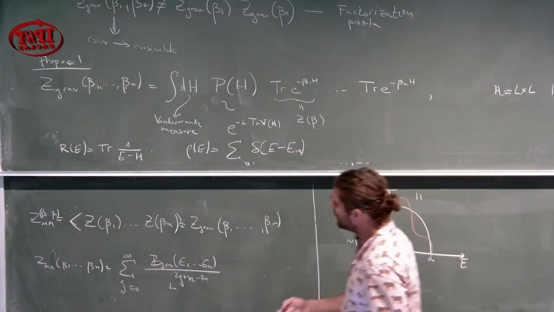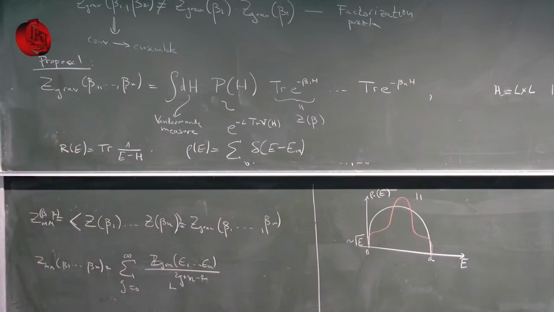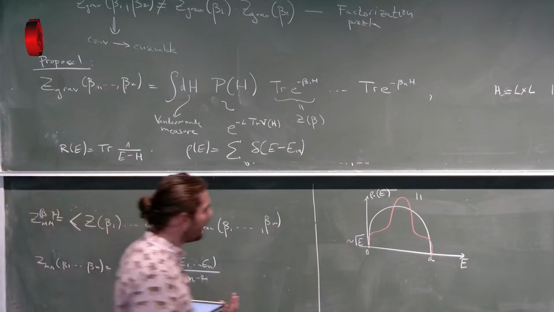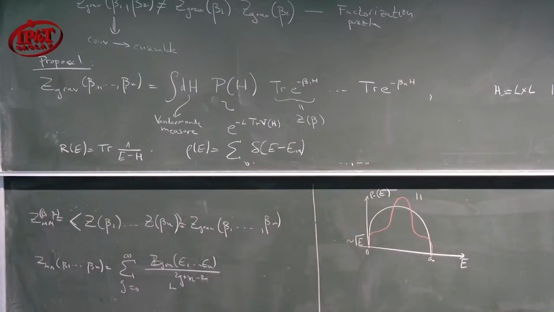So this plot already brings up a problem with the proposal that I just mentioned, because we just computed the leading density of states in JT gravity a couple of lectures ago and saw that the energy ranged from 0 to infinity, not over a finite range as these typical matrix models seem to suggest.